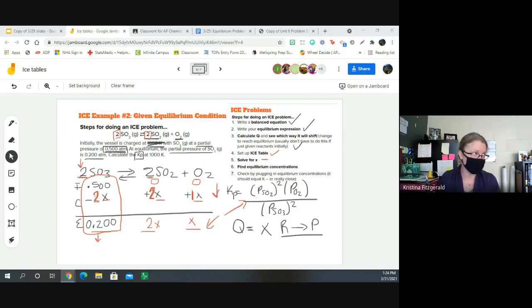Okay, good. What's your question? If it's asking for the K at 1,000 Kelvin, is that different? No, the temperature, as far as I'm aware, has nothing to do with anything right now because the temperature stayed constant.